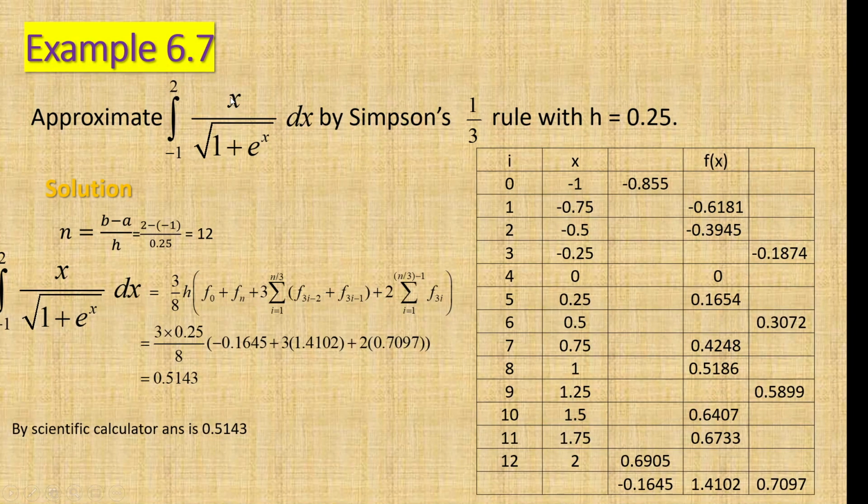Approximate the integral of x over square root of 1 plus exp x dx by Simpson one-third rule with h equal to 0.25. Sorry, should be 3 over 8, because I think I copy-pasted from the Simpson's rule example there.